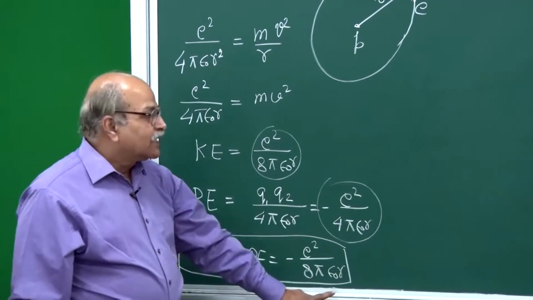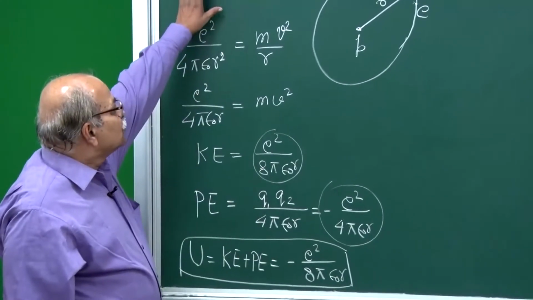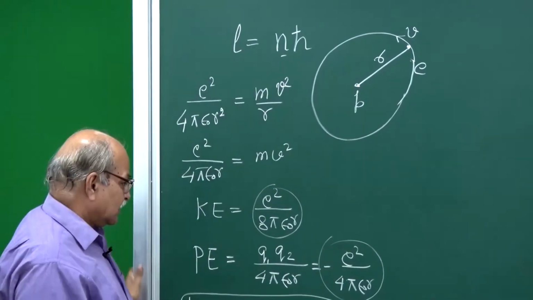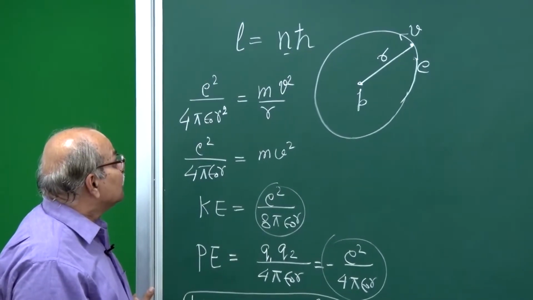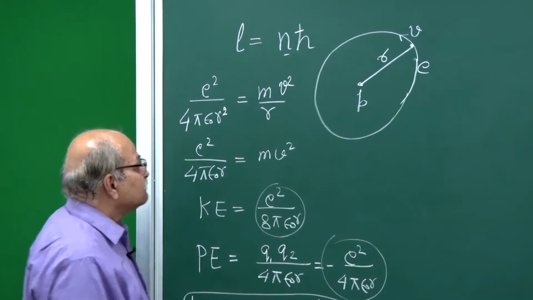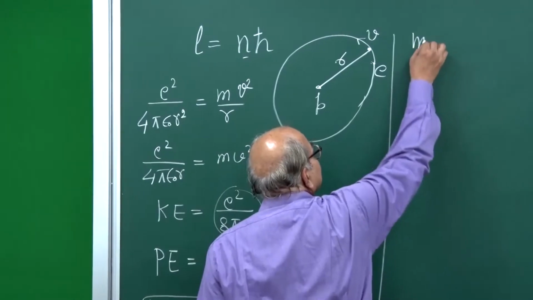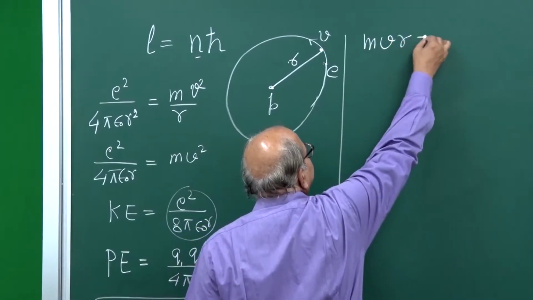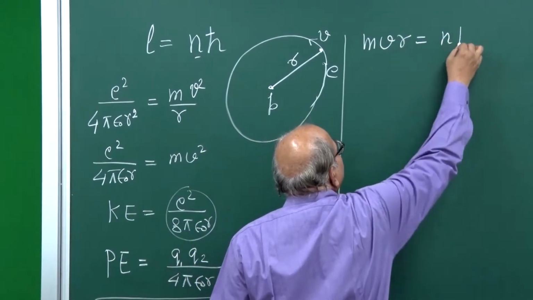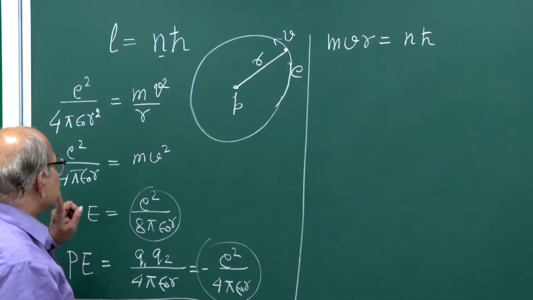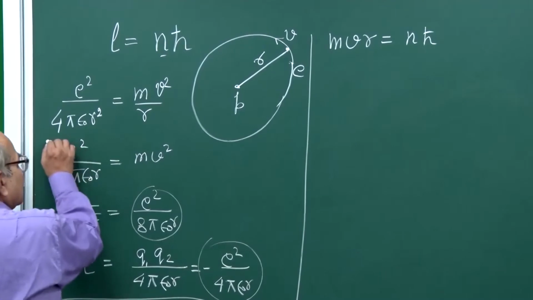To get this r, we should use the equation L equal to n times h cross. The angular momentum is m times v times r, and that should be equal to n times h cross. So eliminate v from these two equations.